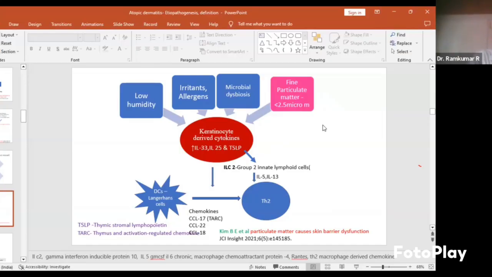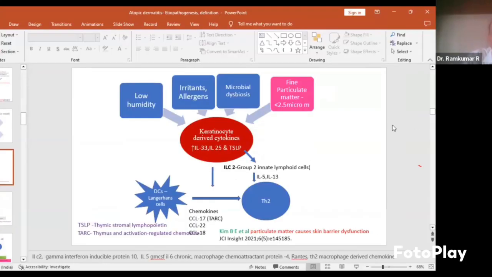That is why I think in ISPD, Dr. Deepak used to mention thin, full-sleeved dress for all these patients. This is because fine particulate matter, especially in cities, may have a role, especially for those living near the seashore. Atopic dermatitis gets worsened because this fine particulate matter might come from the sea salt.